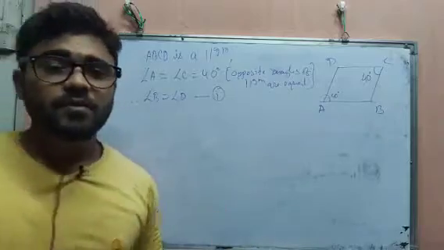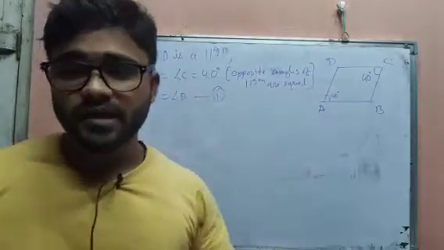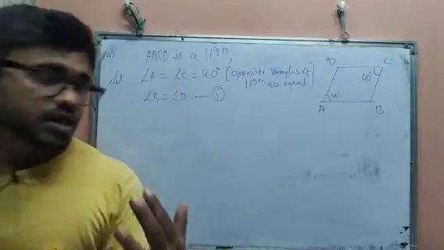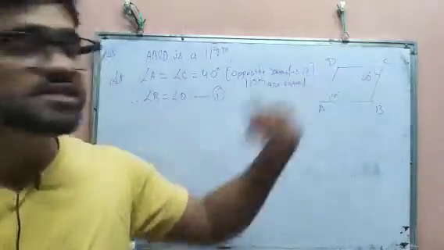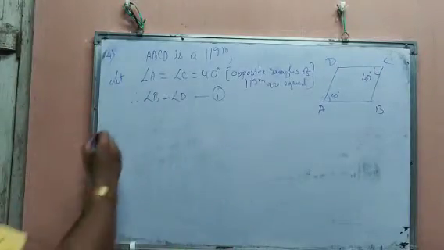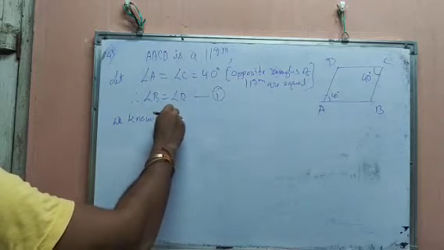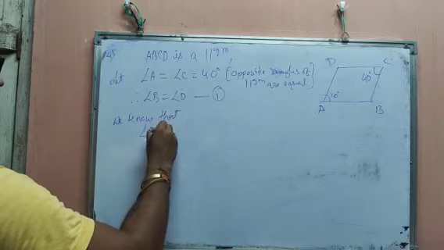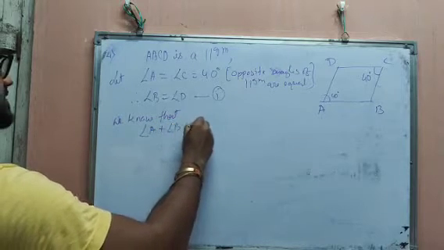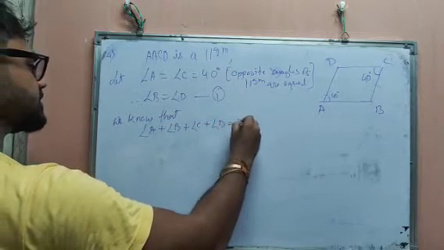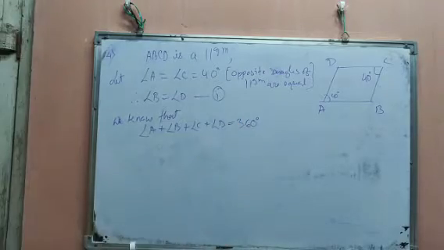Now according to the properties of a quadrilateral, the angle sum will be A plus B plus C plus D equal to 360 degree. So we know that angle A plus angle B plus angle C plus angle D equal to 360 degree. Why is this 360?